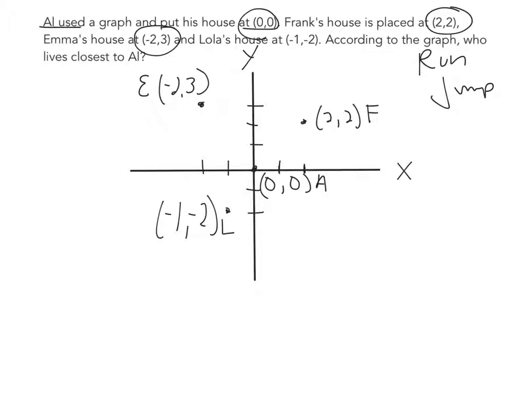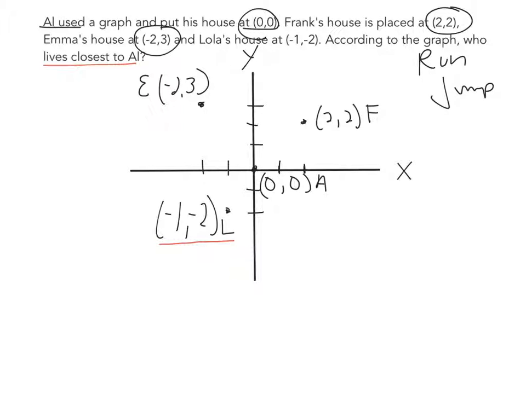So now I need to determine who lives closest to Al. And just by looking, I would say that Lola lives closest to Al. But let's figure it out based on our mathematical reasoning as well.